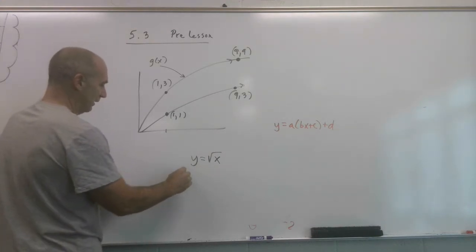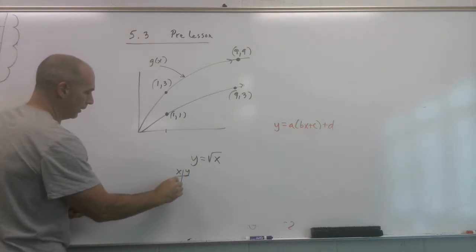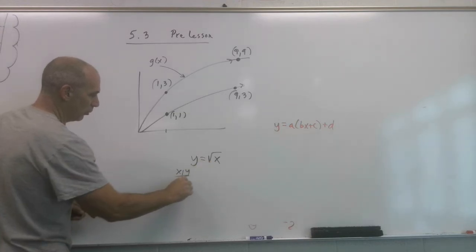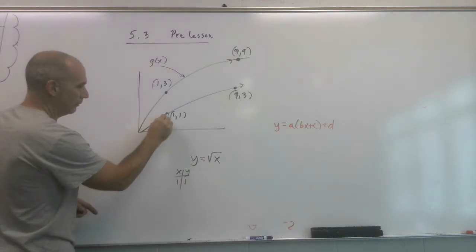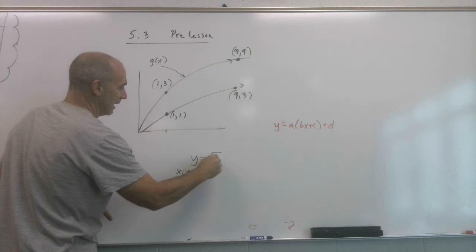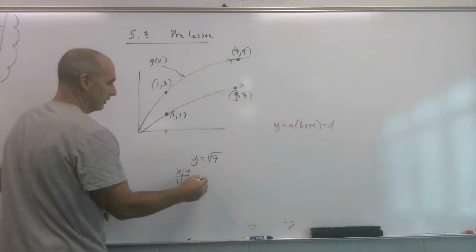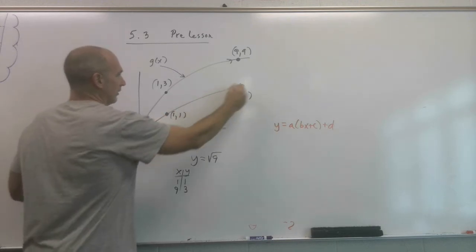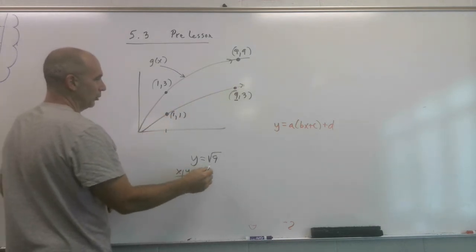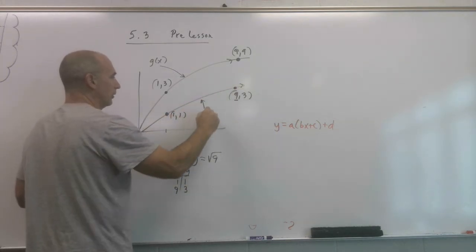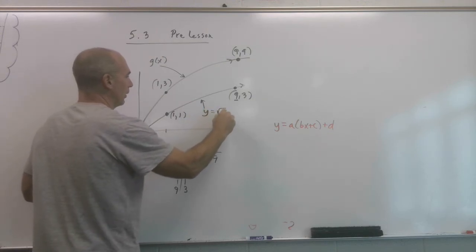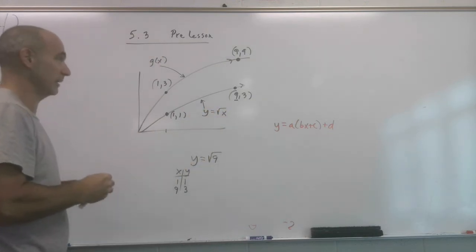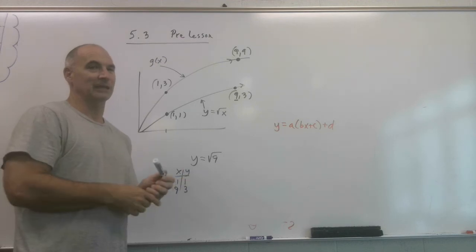If x is 1, and I put it in there and take the square root, y is 1. See that? 1, 1. If x is 9, y would be 3. So this is a disguised way of just telling you that this one right here is y equals the square root of x. The information's there, you just have to kind of dig it out.